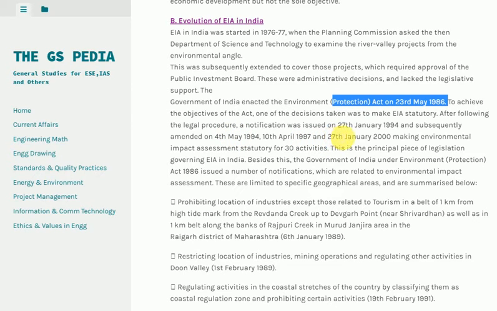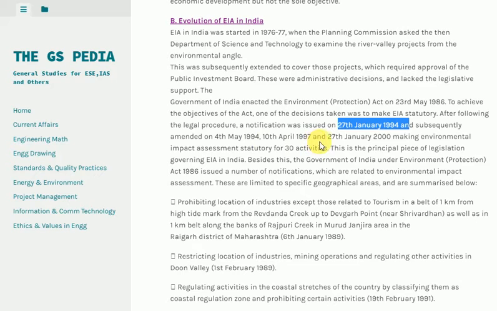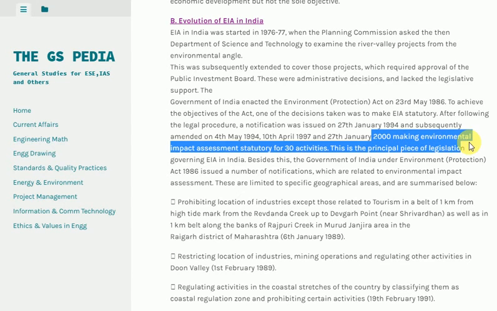After following the legal procedure, a notification was issued on the 27th of January 1994, and subsequently amended on the 4th of May 1994, the 10th of April 1997, and the 27th of January 2000, making environmental impact assessment statutory for 30 activities. This is the principal piece of legislation governing EIA in India.